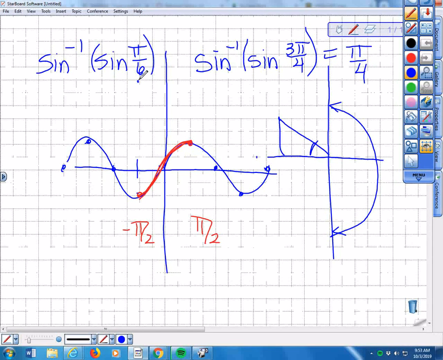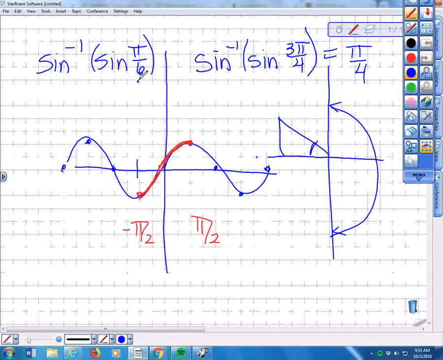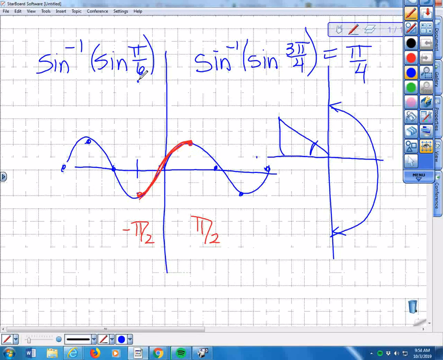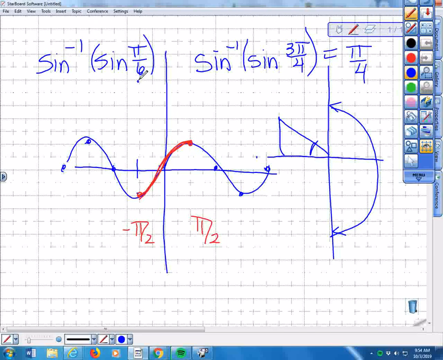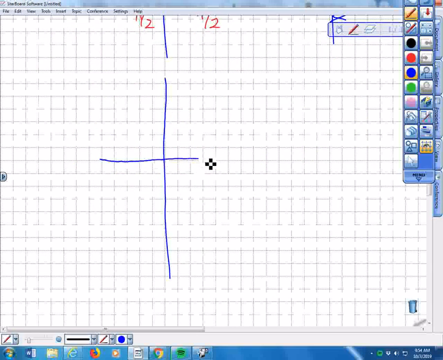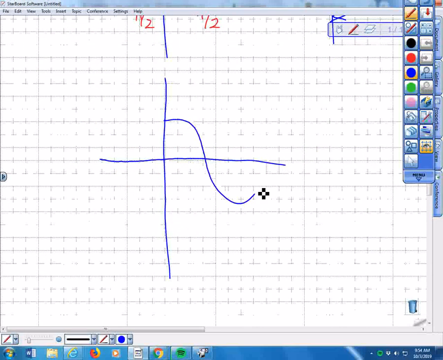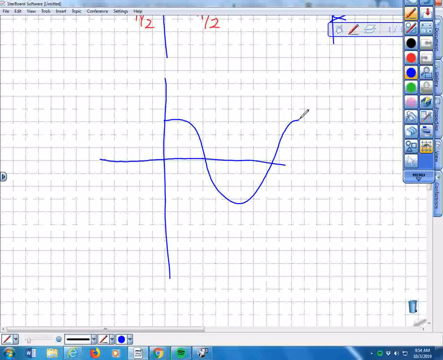Okay? So who can tell me the domain restriction for cosine? 0 to pi. Okay, so let's just draw cosine real quick so I can show you why. One period of the cosine graph.